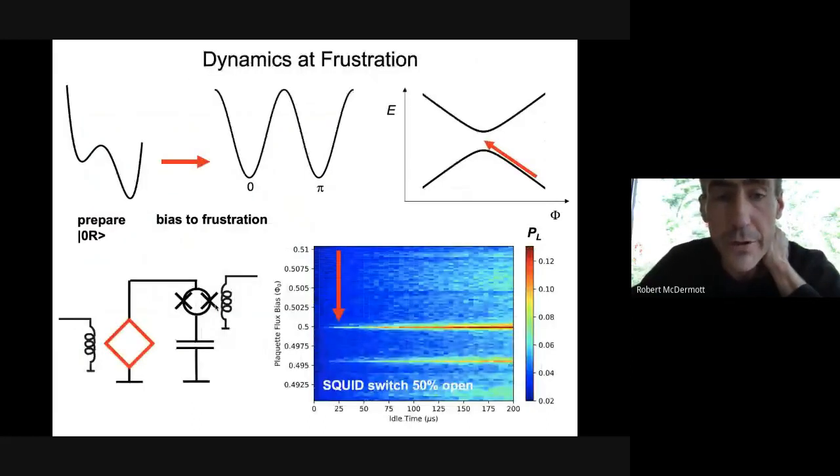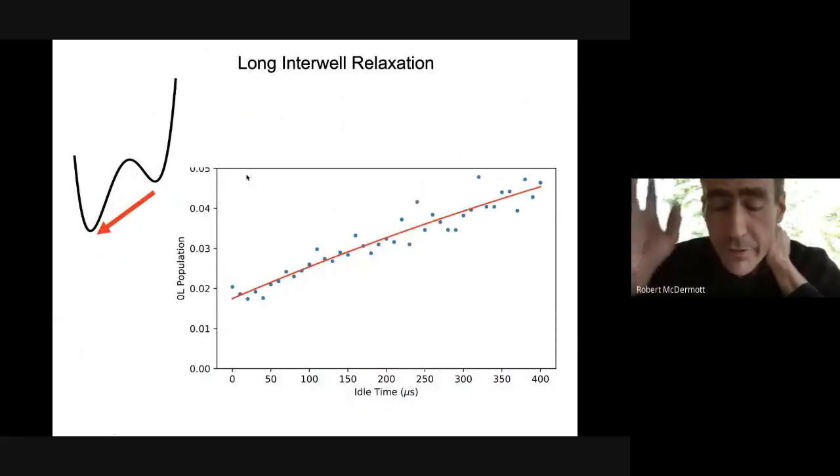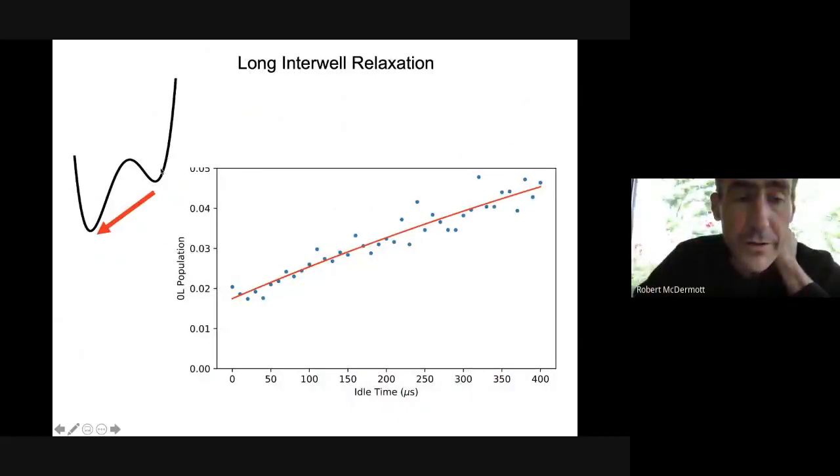But of course, the critical experiment for us is to bias to frustration and look for the dynamics of the qubit in this 0 pi subspace. Just as an aside, we can also look at the interwell relaxation. So we can prepare in, let's say, this right well and look for a slow relaxation over to the left well.